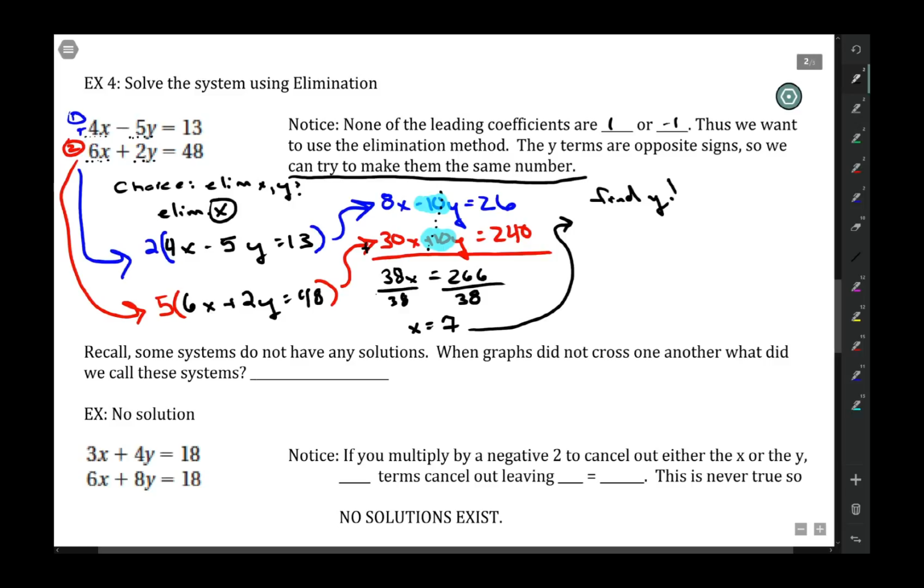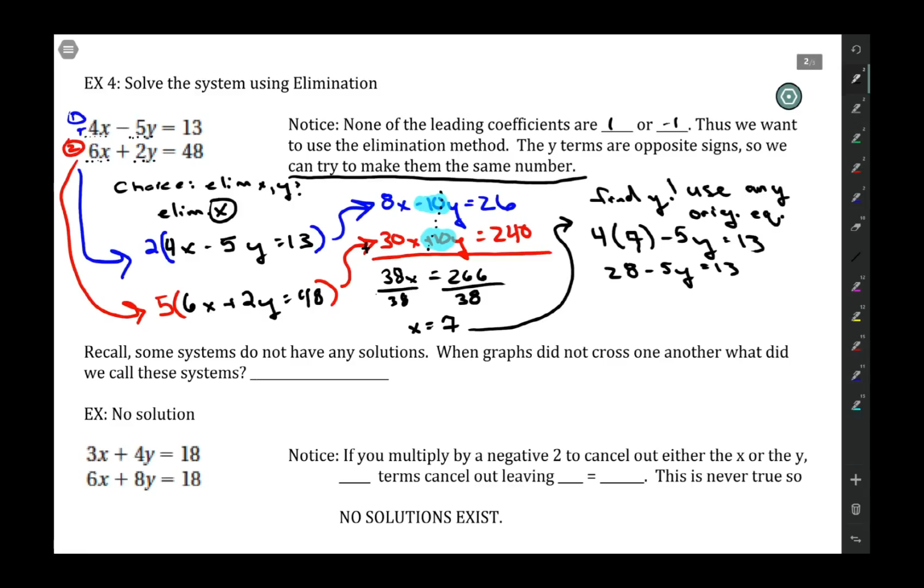Okay, again, you can use any equation. Use any original equation. And I will simply choose the first one, 4 times the 7 minus 5y equals 13. 28 minus 5y equals 13. 13 minus 28, negative 15.